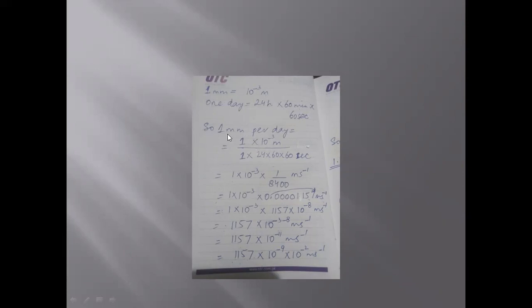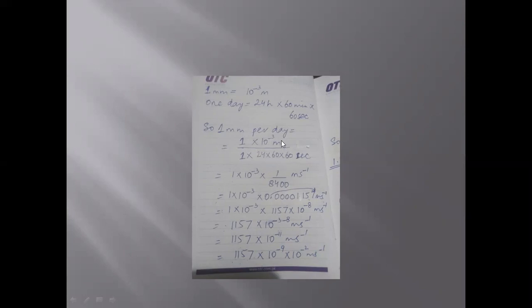So 1 millimeter per day. To make it simpler, 1 millimeter is 10 raised to the power minus 3 meters. Per means divide, this line of divide, and per day is 1 day, 24 into 60 into 60 seconds.